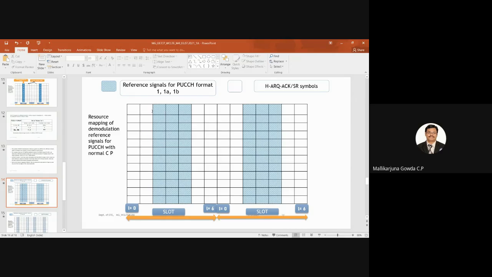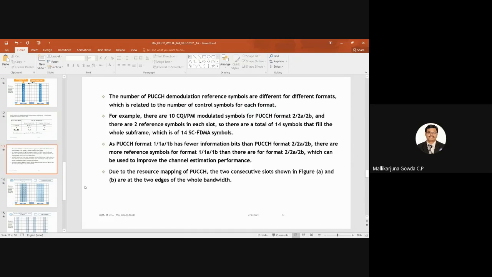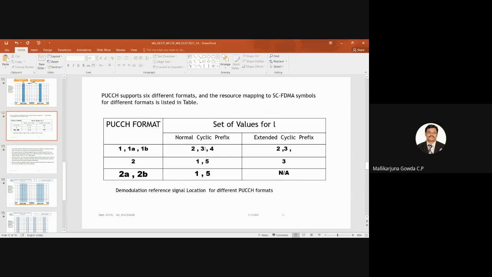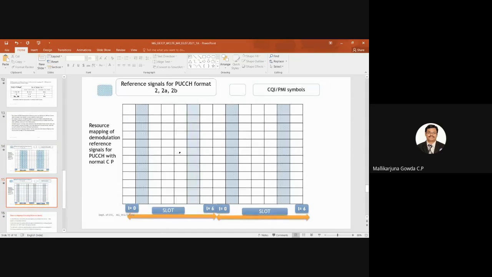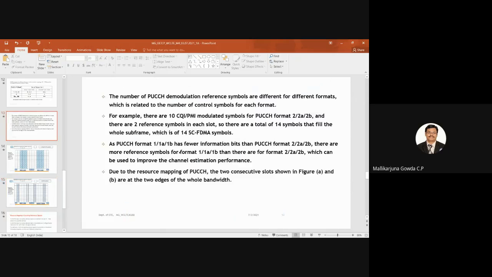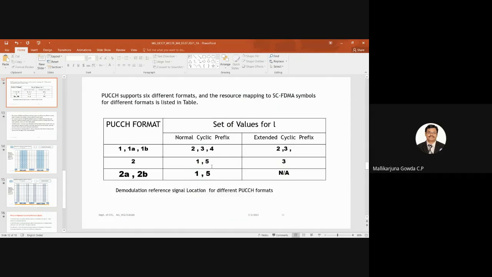Right, here it is shown for 1, 1A, 1B. I said for 1, 1A, 1B, second, third, and fourth, right? Second, third, and fourth OFDM symbols are used here. It is 2, 3, 4, okay, for normal cyclic prefix. Similarly, for format 2, 2A, 2B, as I was told in this table, it was 1 and 5, right?